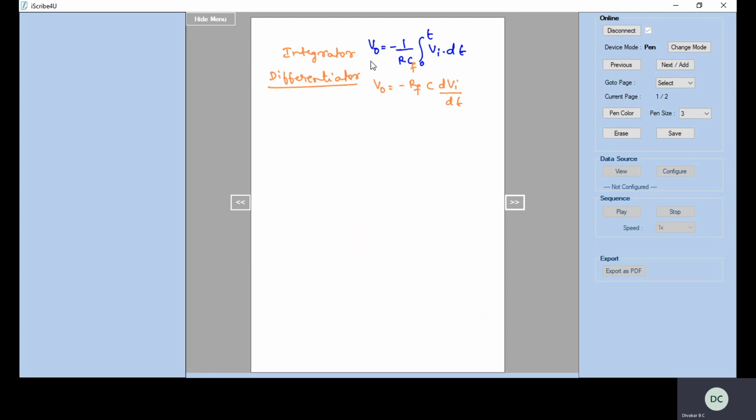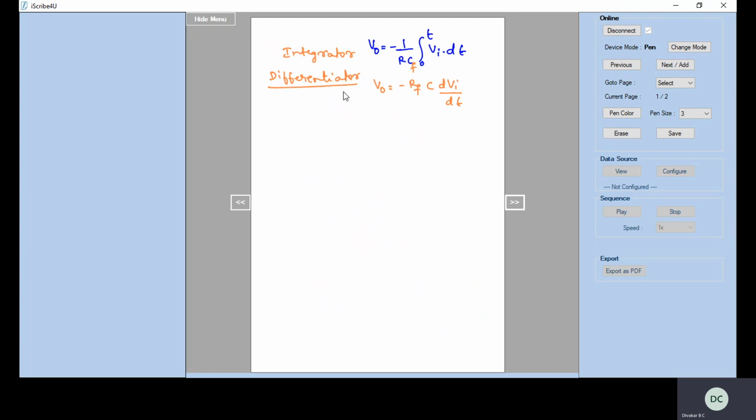An integrator circuit is one in which the output voltage is the integral of the input voltage. The output expression is given by V0 is equal to minus 1 by R into Cf integral 0 to T Vi dt. And the differentiator circuit is one in which the output voltage is the derivative of the input voltage.